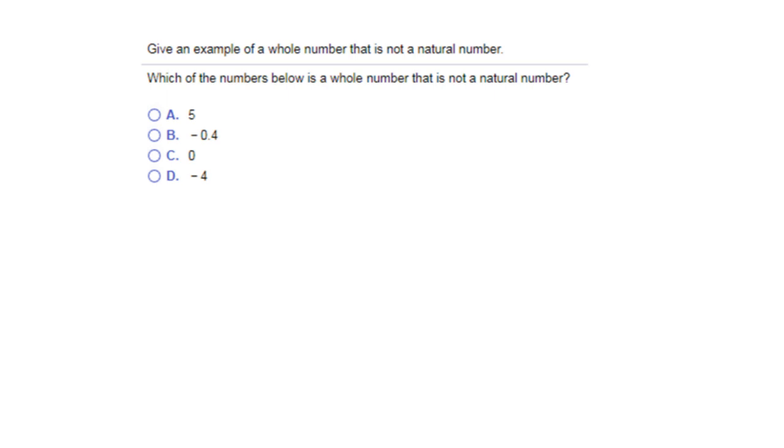Change this to black. So we know our natural numbers start with the number 1 and go on. 1, 2, 3, and this ellipsis, dot, dot, dot, means it goes on forever. Right?